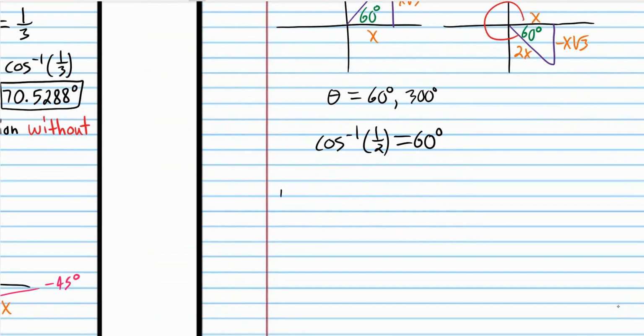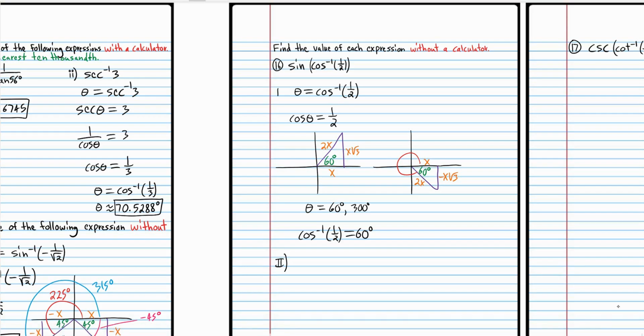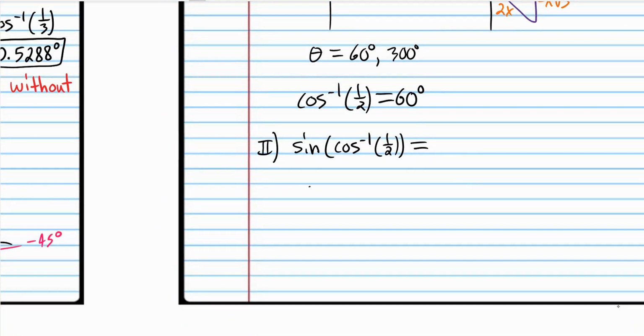Well, now we can go on to part 2 of the problem. So that was part 1, find the inside. Part 2 is to find the final solution. So we know that cosine inverse of 1/2 is 60 degrees.